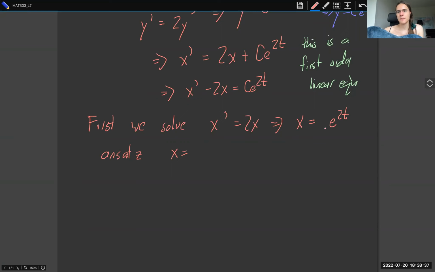By the way, I erased c because we only care about a particular solution at the moment. So we multiply this by what? Oh, a general thing? Like, yeah, say, an unknown function, u.